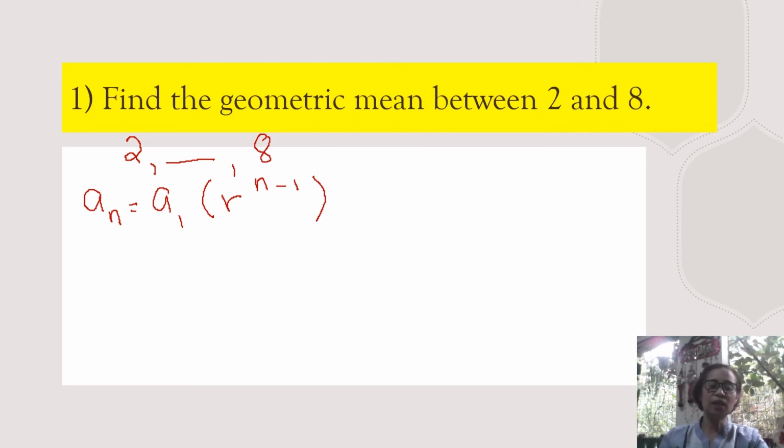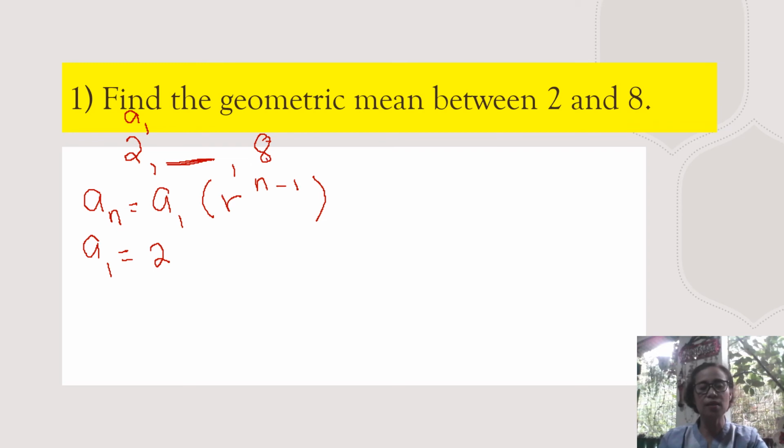But in this case, it is the common ratio that is missing for us to get the middle term or the geometric mean. Let's identify what we have. Our a sub 1 is 2. What we are looking for is the second term here.